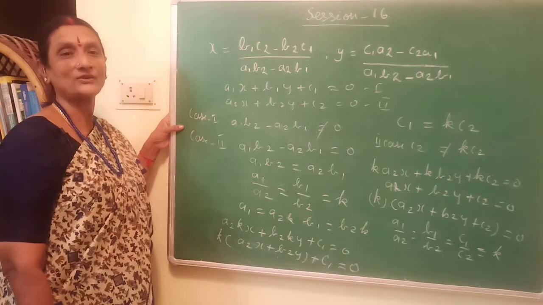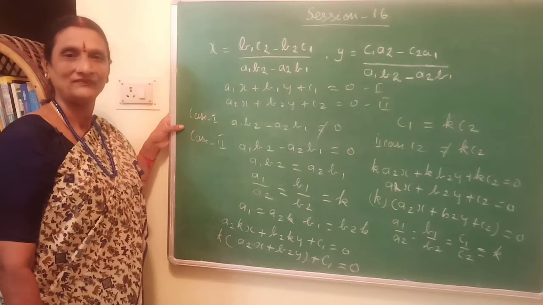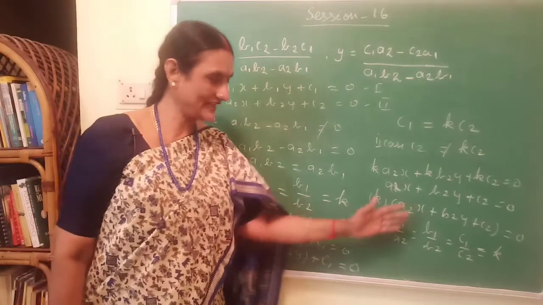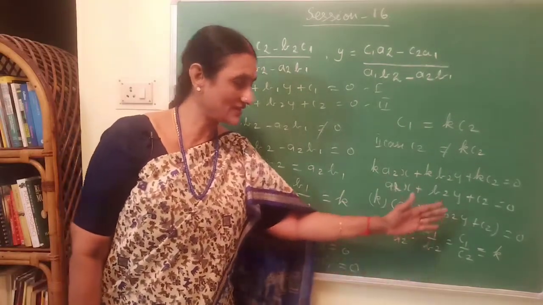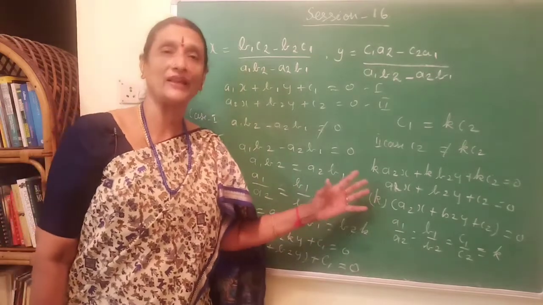Okay, going back to the same thing we studied 2, 3 sessions before. So a1 by a2 is equal to b1 by b2 is also equal to c1 by c2, with the same value k say.